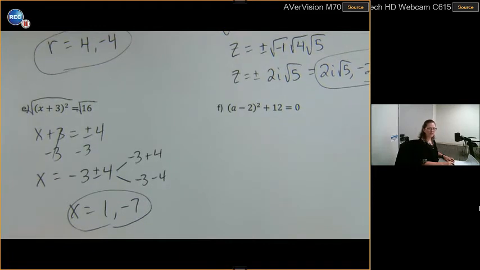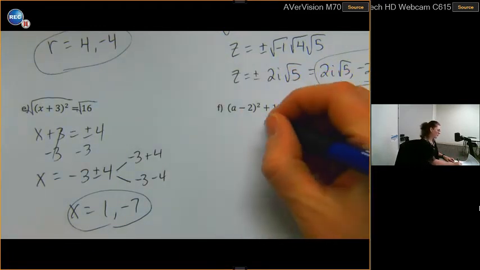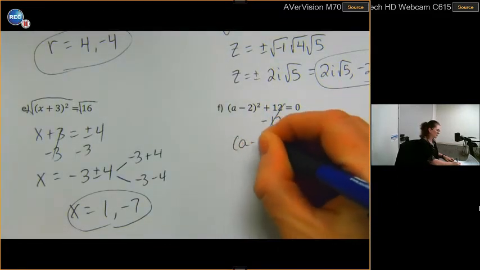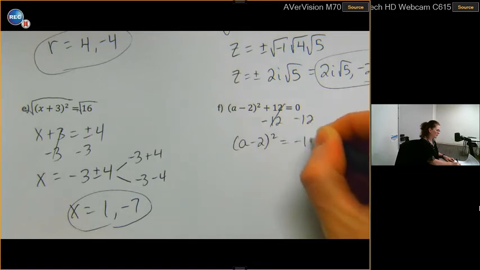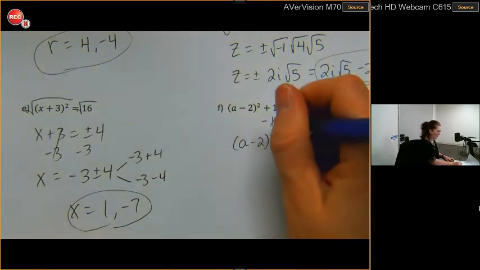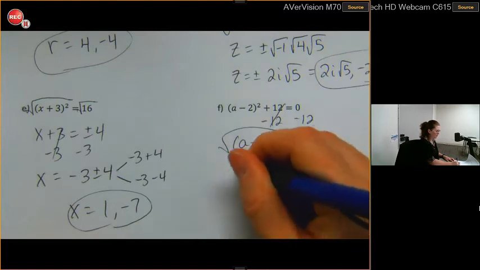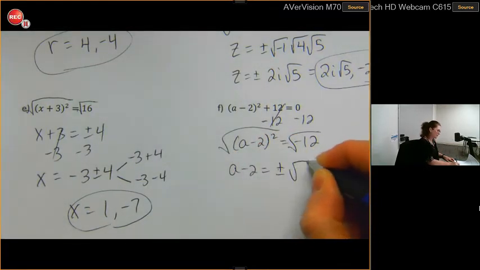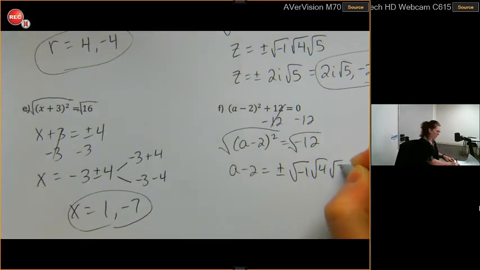Letter F, before I square root, I need to get the 12 to the other side. And then square root. So what do we have? Plus or minus negative 1, 4, and 3.